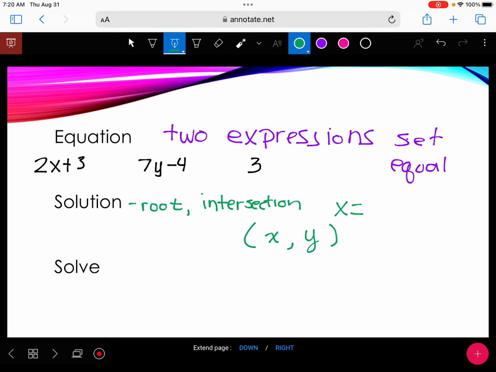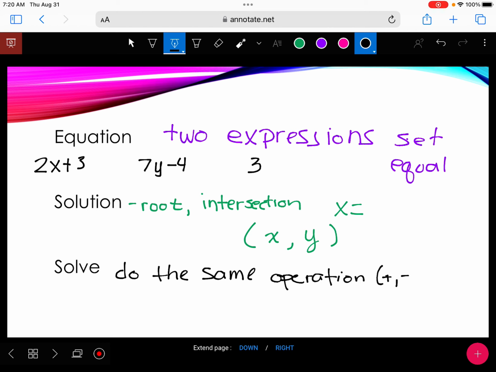And solving, that is just the process of getting to that solution. The way we solve is we do the same operation, like add, subtract, multiply, divide, that kind of stuff. That's the operation I'm talking about. We're not getting medical degrees.